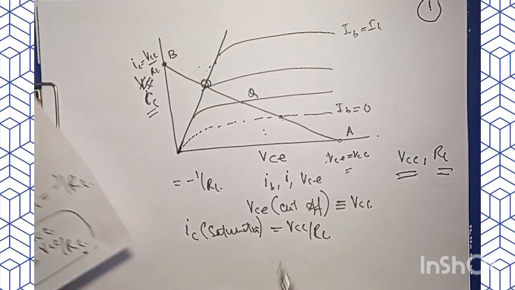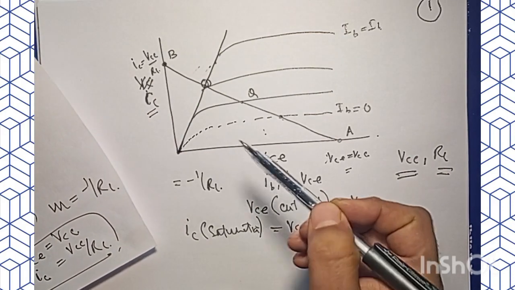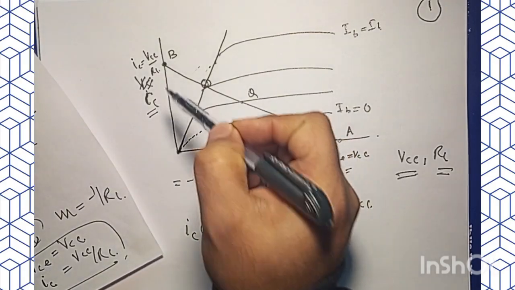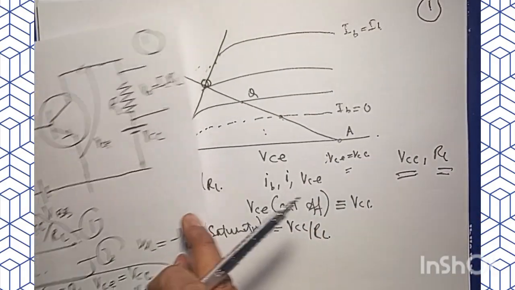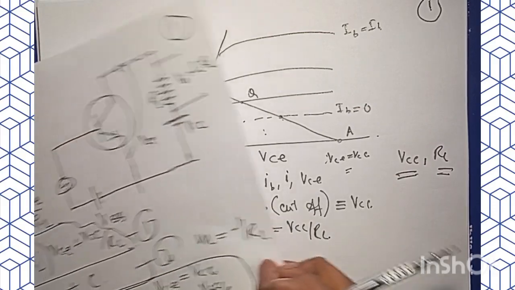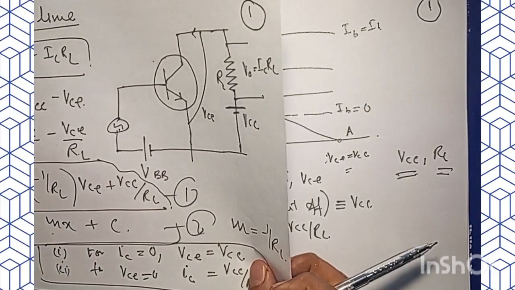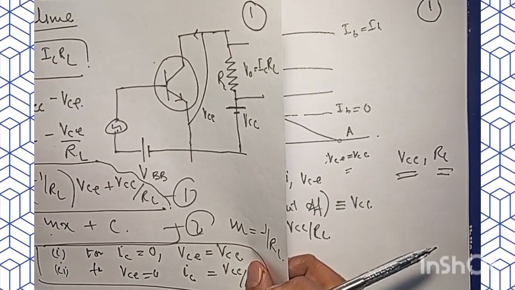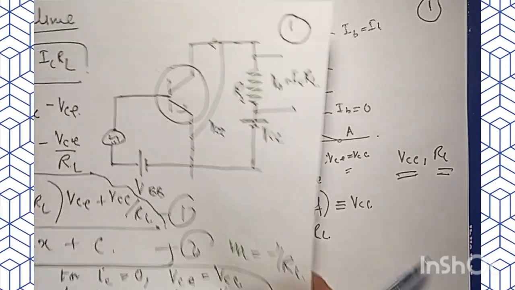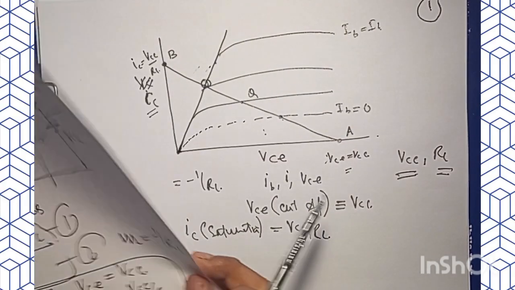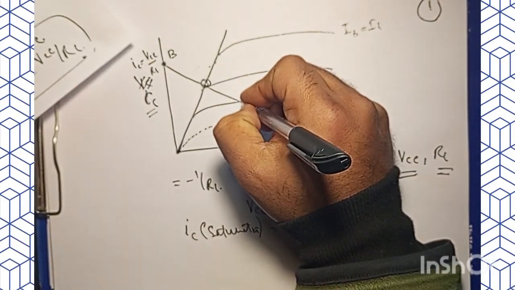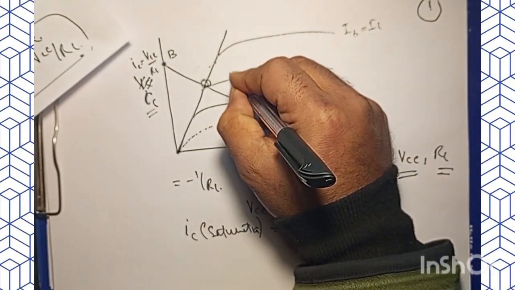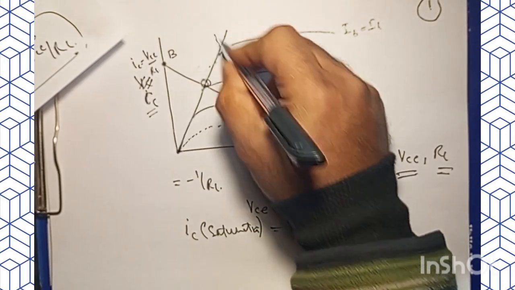So we always have a load line associated with this, referred to as the AC load line. Say, for example, if I mark the AC load line here, it's like this.